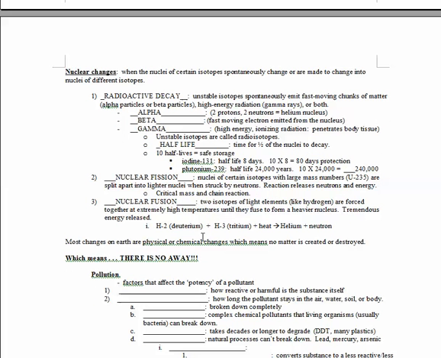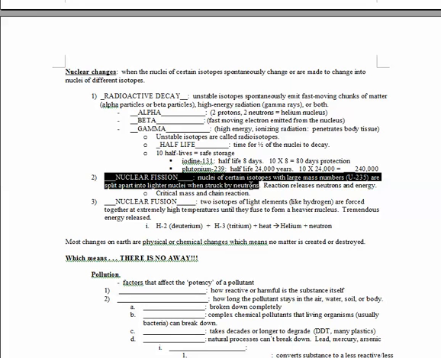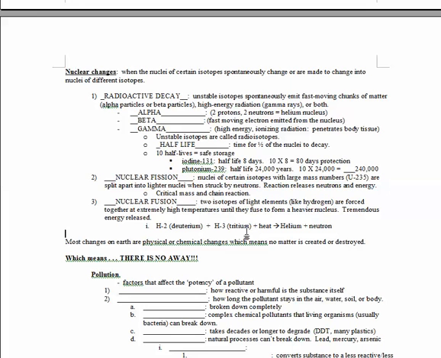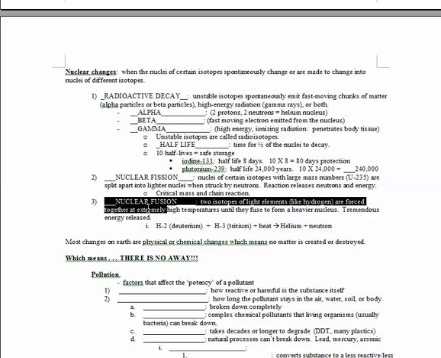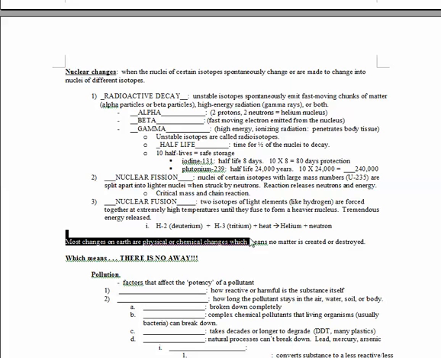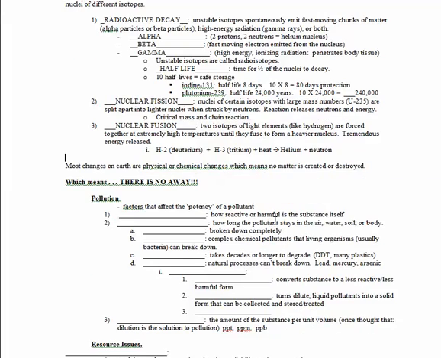So for that reason, nuclear fusion has one up on the nuclear fission process, and the process we use in nuclear reactors today to make electricity is nuclear fission. We're working diligently on trying to master nuclear fusion, but right now it's very difficult to create the conditions needed to start that reaction. But the idea is if we could ever master nuclear fusion, that will solve most of our energy problems from here on out.